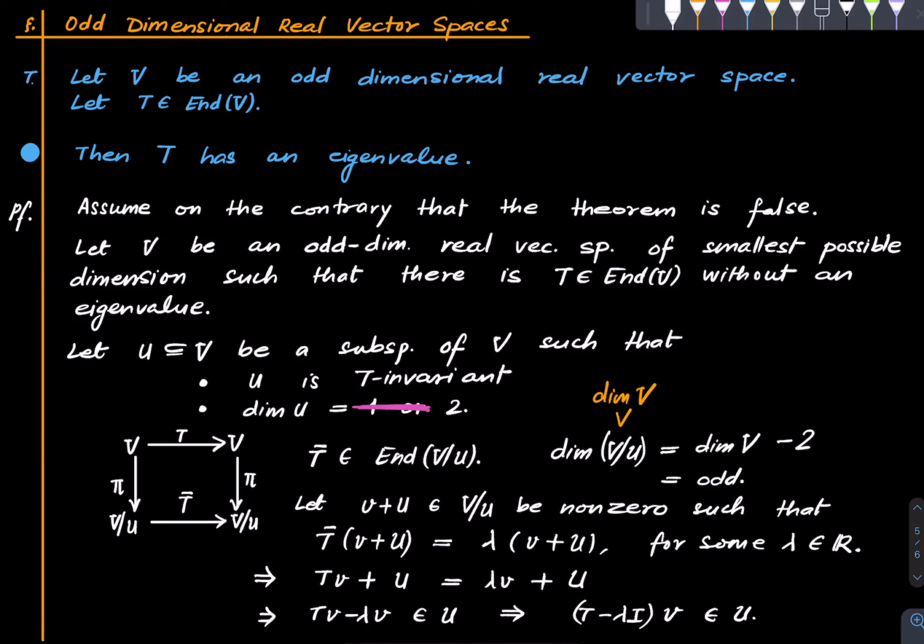At the same time, since v plus U is a non-zero vector in V mod U, we also know that v is not in U. This is exactly the same as saying that this guy is non-zero. Right? So let's keep this data with us and continue.